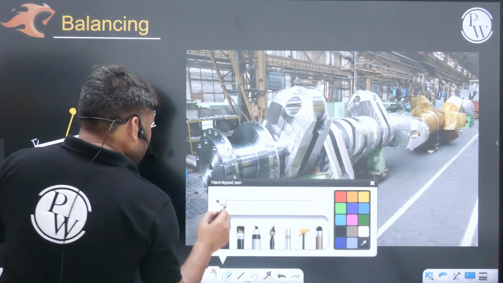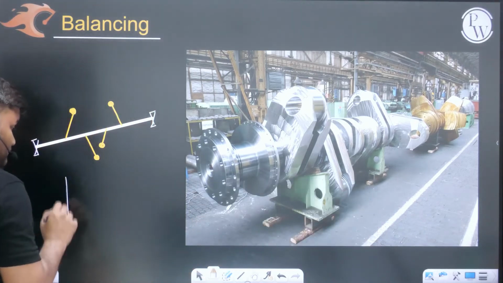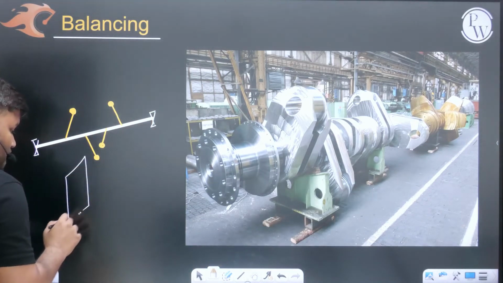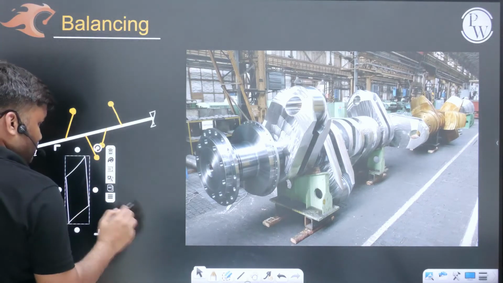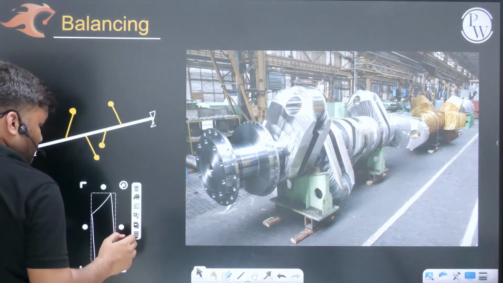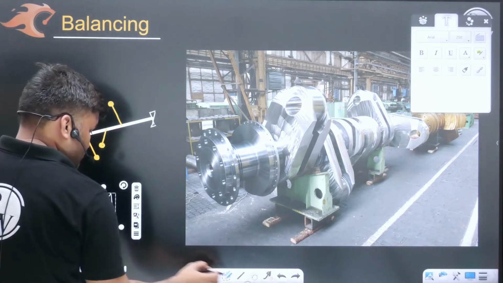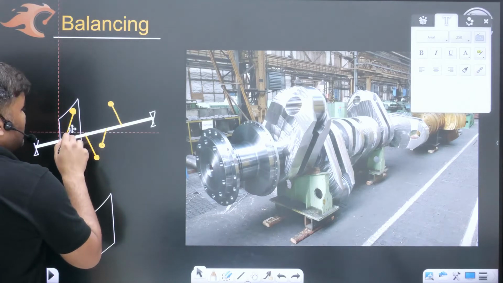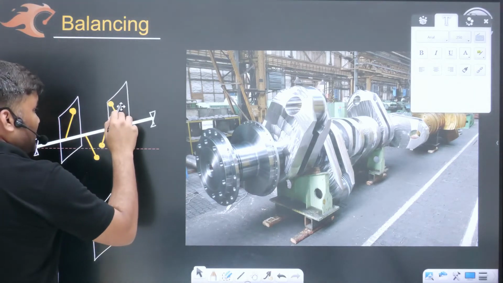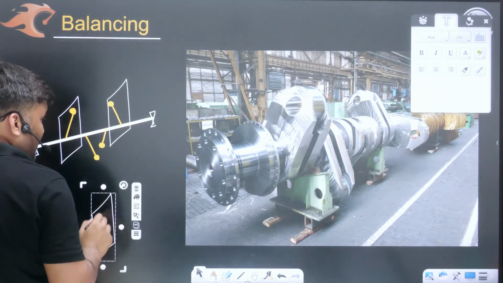ठीक है ना? In this kind of situation, one mass is rotating here, another mass is rotating here, another mass is rotating here.